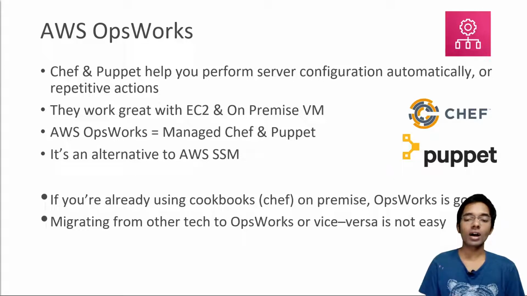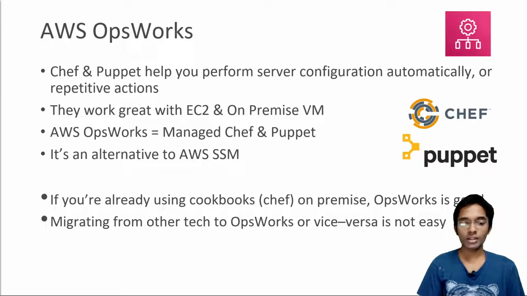So first, a word about Chef and Puppet. Chef and Puppet are open source tools that allow you to perform server configuration automatically or perform repetitive actions, and they are great, for example, for companies who have on-premise infrastructure, and they also work with EC2 instances as well.